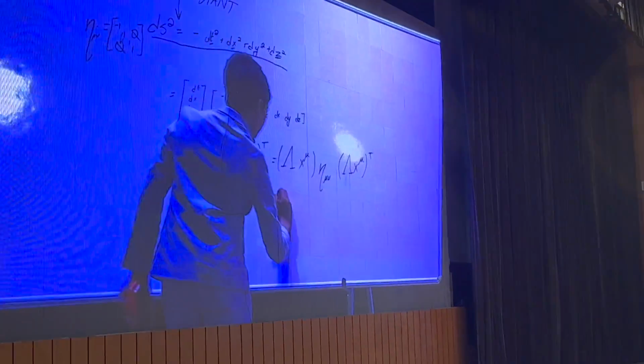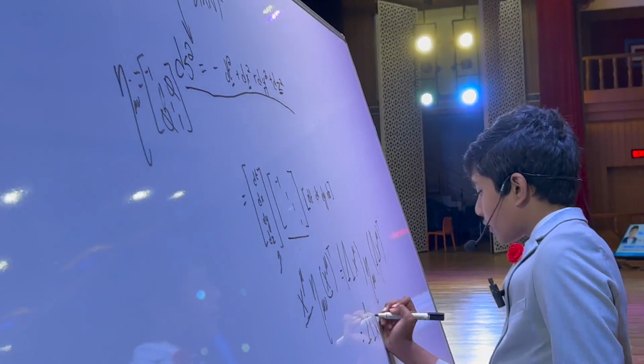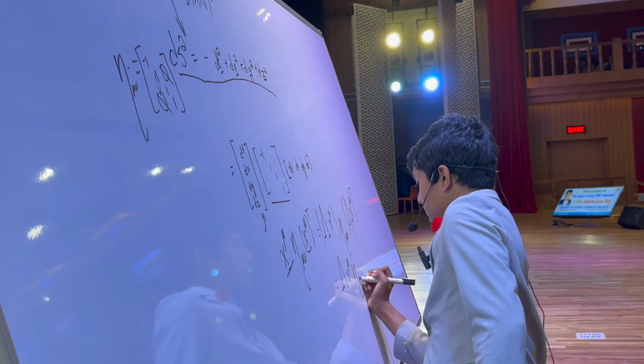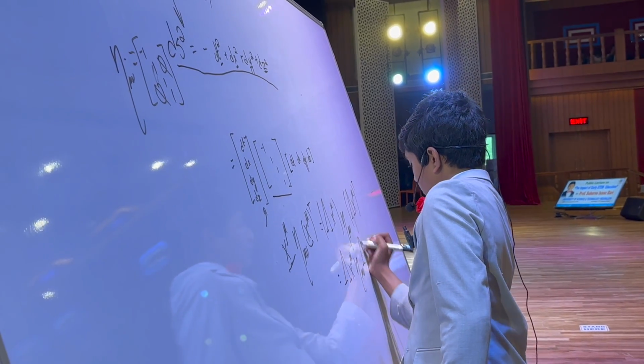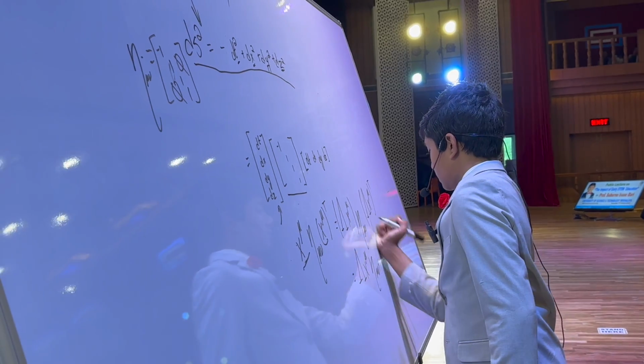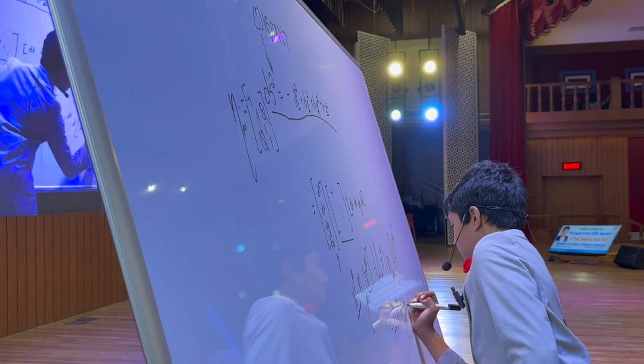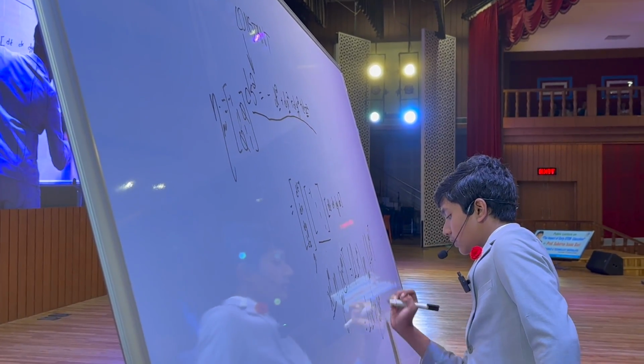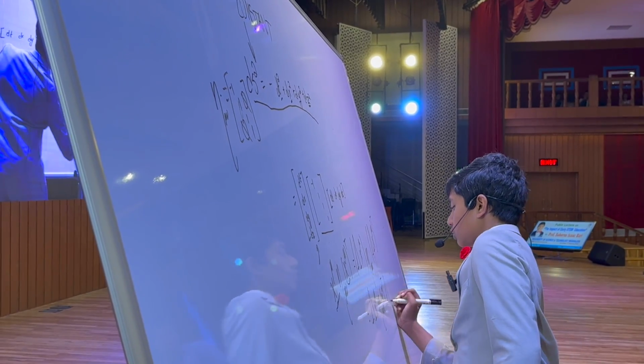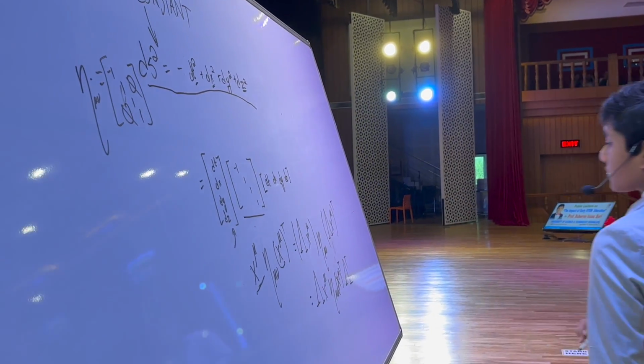If we reapply the Lorentz transformation, what we're going to get is something like this. Oh, this is in the wrong order. Once you take the transpose of these, it's going to be in reversed order, which gives us something like this.